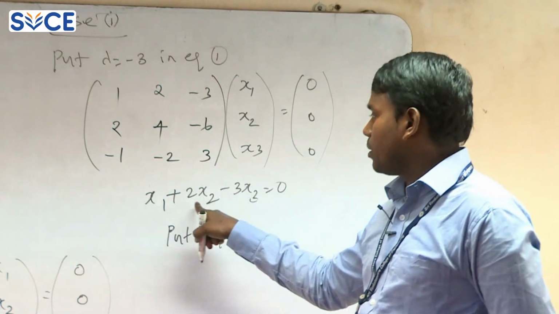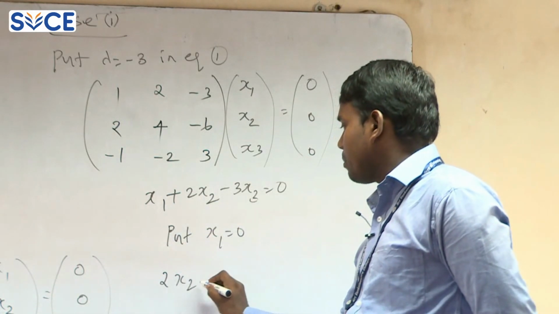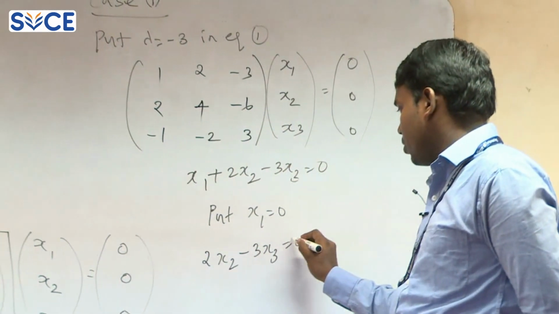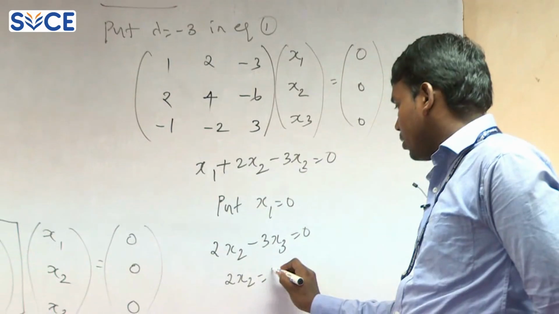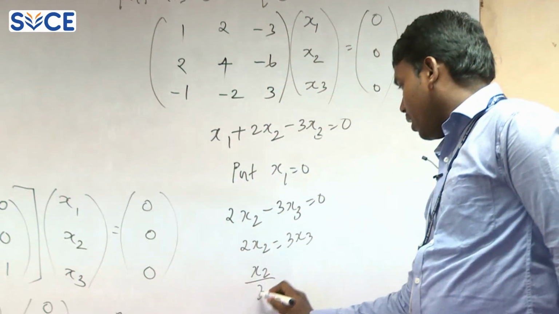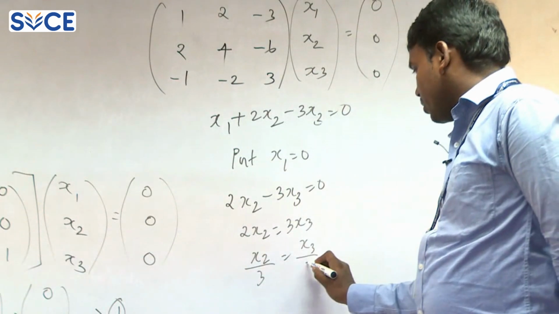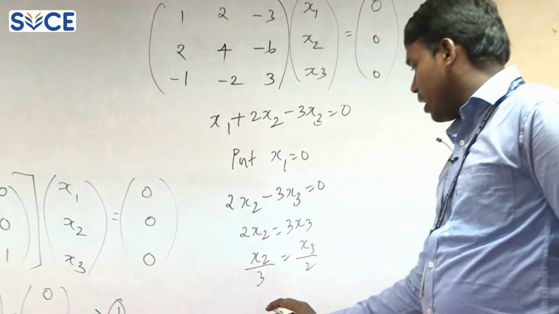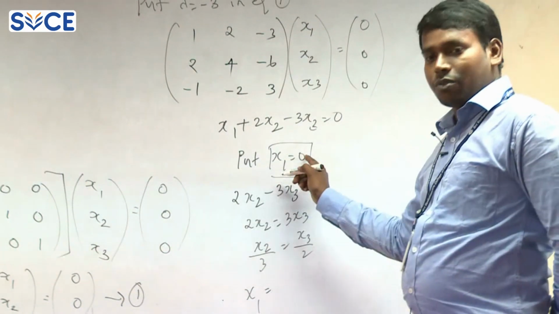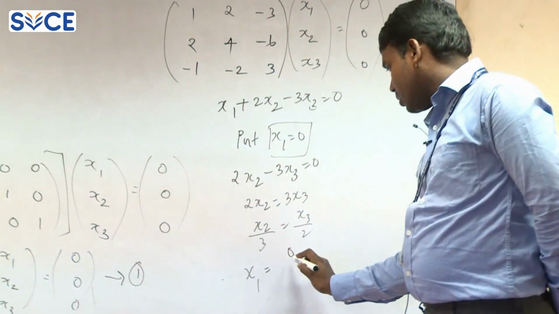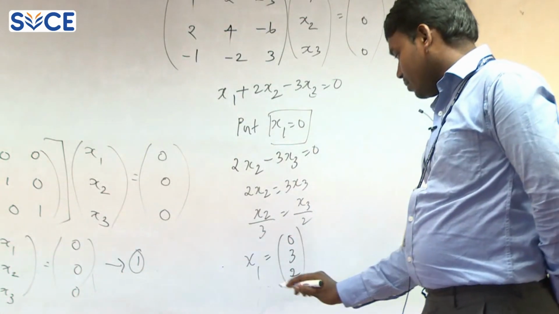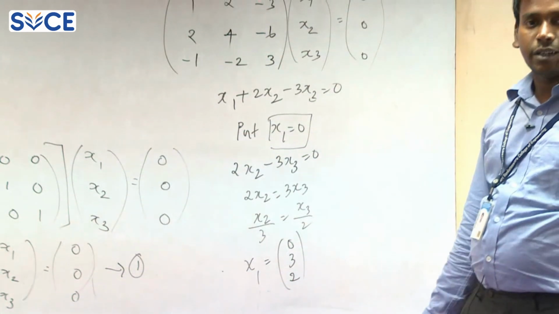Then the equation becomes 2x2 minus 3x3 equal to 0, so 2x2 equal to 3x3, x2 divided by 3 equal to x3 divided by 2. Therefore the first eigenvector is x1 equal to 0, x2 is 3, x3 is 2. This is the first eigenvector.